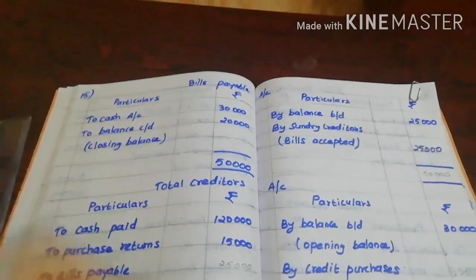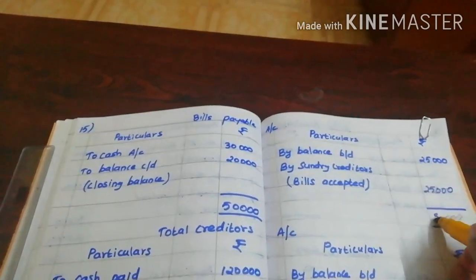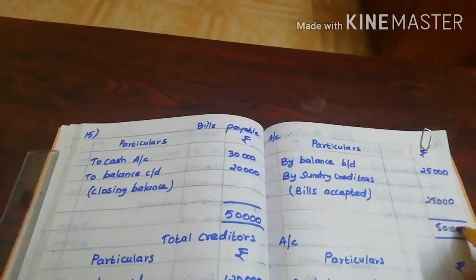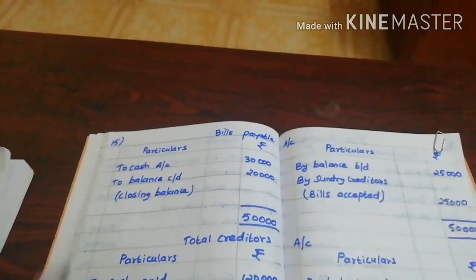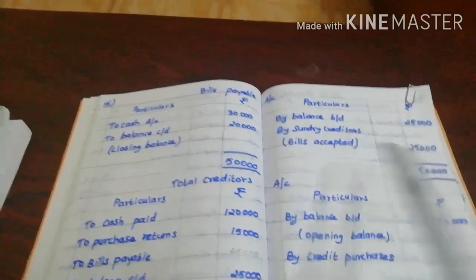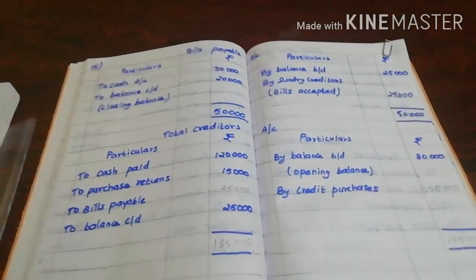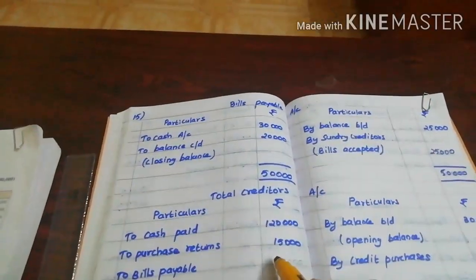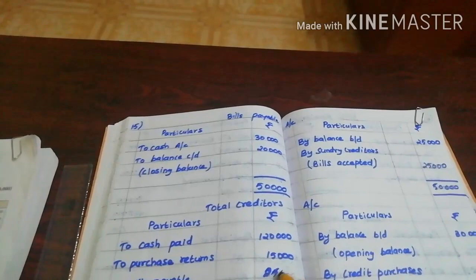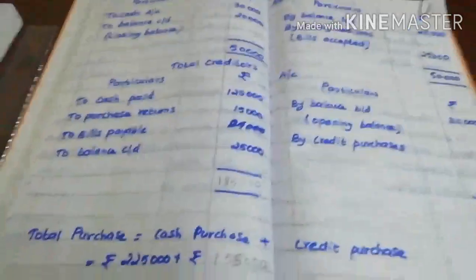So I write by sundry creditors 25,000. Now the total becomes 50,000 on both sides. This information of sundry creditors is to be taken to the total creditors account. So on the debit side, to bills payable is 25,000.